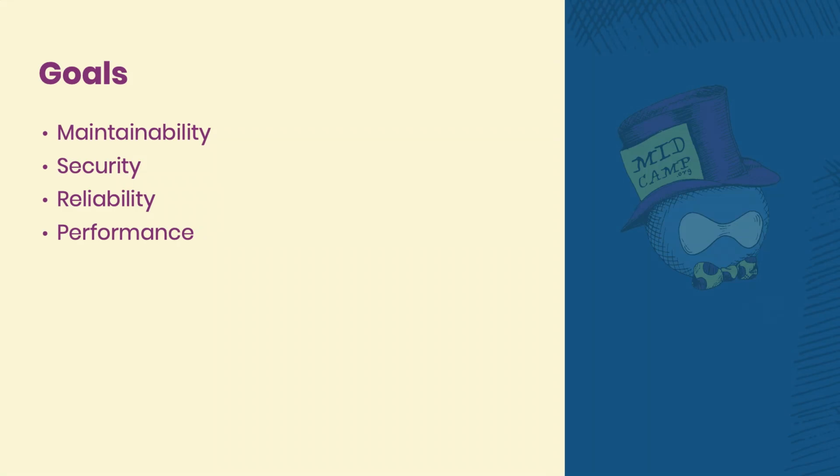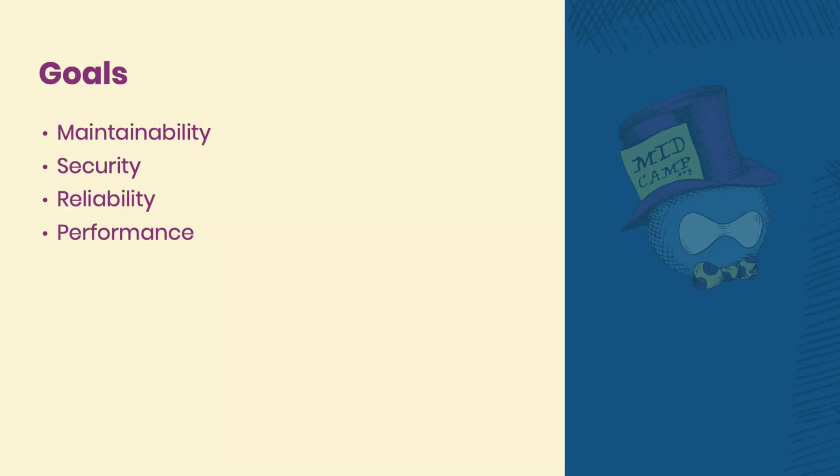So there are lots of different ways that we can approach this, and let's talk about the 4 things we're going to be looking at when we decide how we want to manage a particular dependency for a contributed module, say. We want to focus on maintainability. How easy is it to keep the asset library up to date?